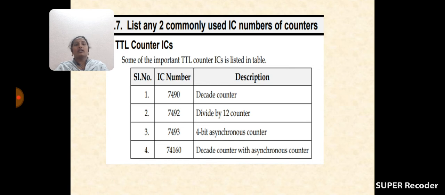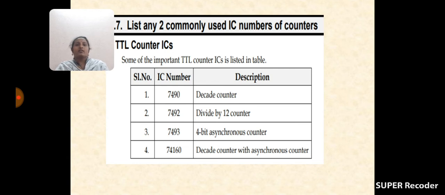Even online, if we enter an IC number like 7490, the companies that provide it appear directly. Instead of searching for a decade counter, if we search with the IC number for purchasing 7490, many online organizations like Amazon will list the counters with their prices.